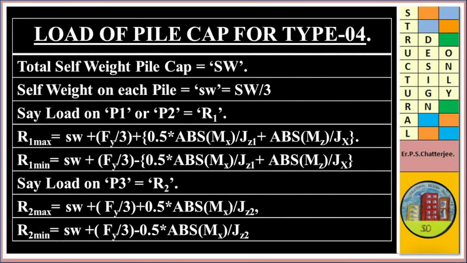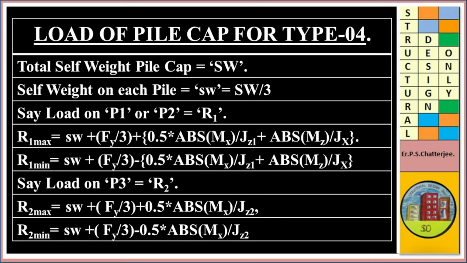Load on pilecap for type 4. Total self-weight of pile is capital SW. Self-weight on each pile, small sw is equal to capital SW divided by 3. Say load on P1 and P2 is equal to R1.